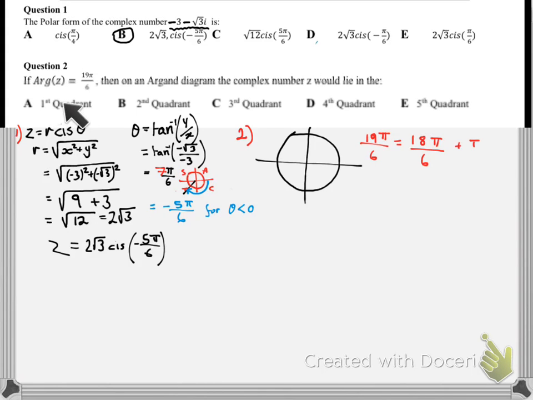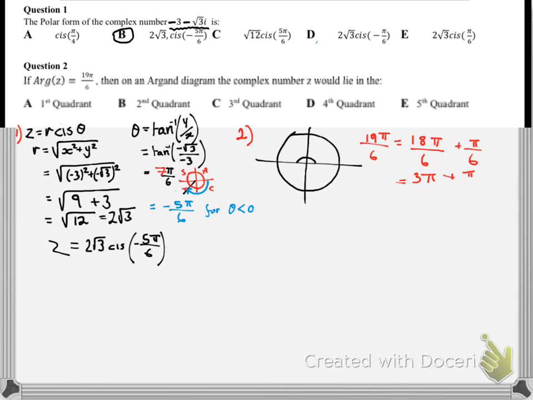If the argument of z is given by 19 pi on 6, then on an Argand diagram the complex number z would lie in which quadrant? So draw up a little unit circle and we can see 19 pi on 6. Well, that's 18 pi on 6 plus 1 more pi on 6. And that's going to break down nicely into 3 pi.